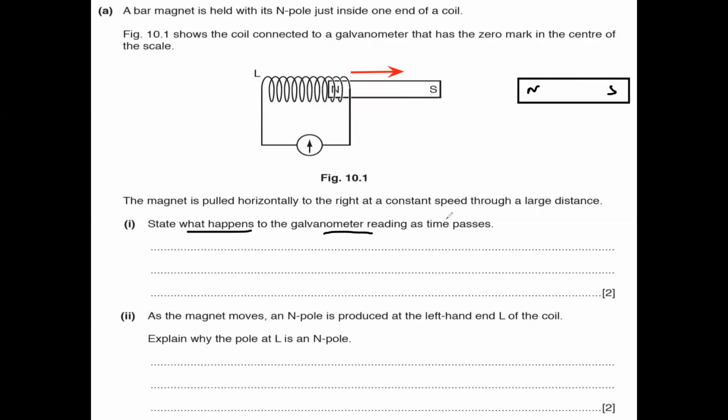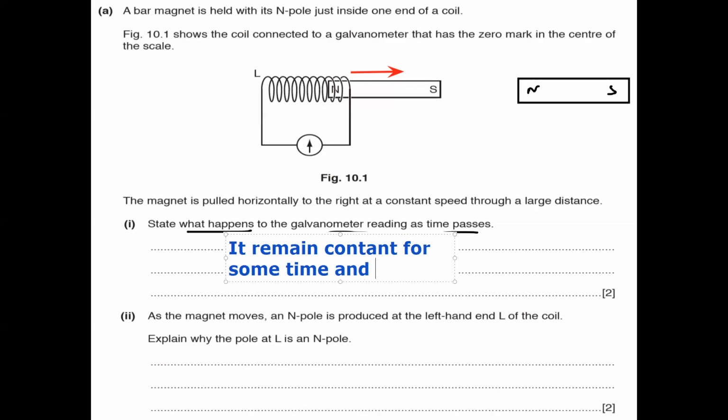State what happened to the galvanometer reading as time passes. As we are moving it away, there is a change in magnetic field, it induces EMF. But with the passage of time, and as it is moved at a constant speed, it remains constant for some time and returns to 0.